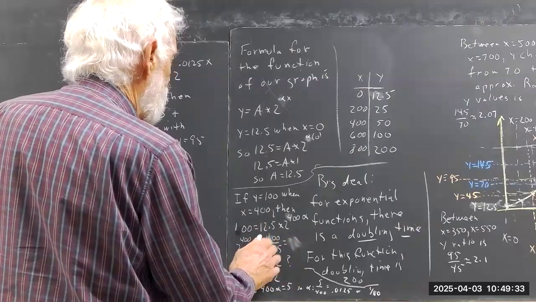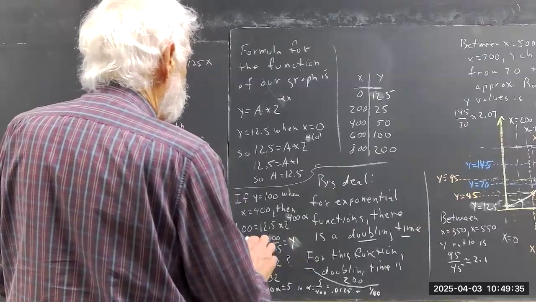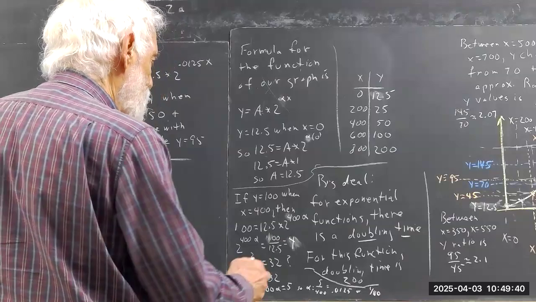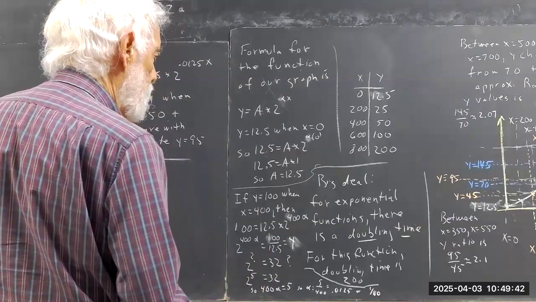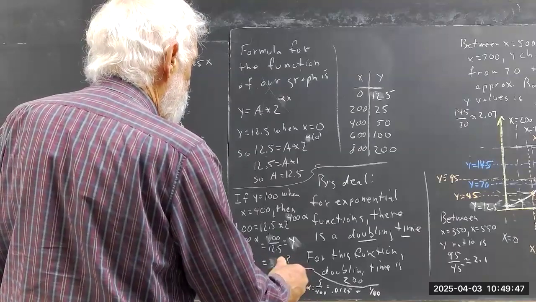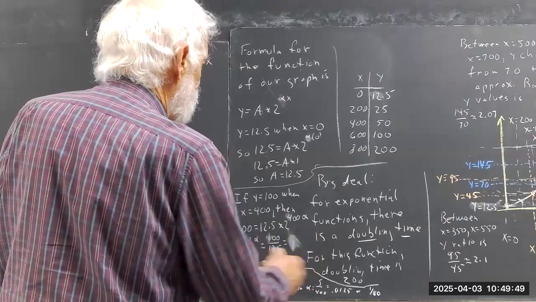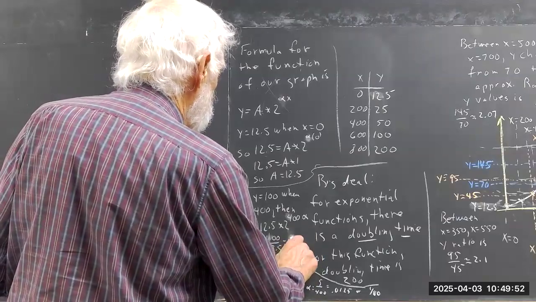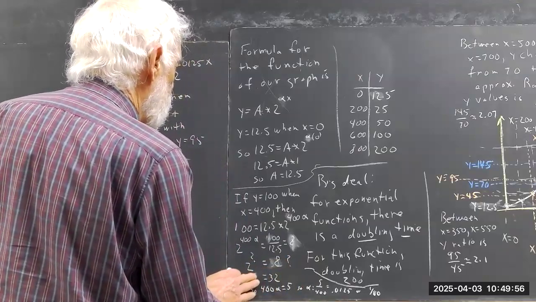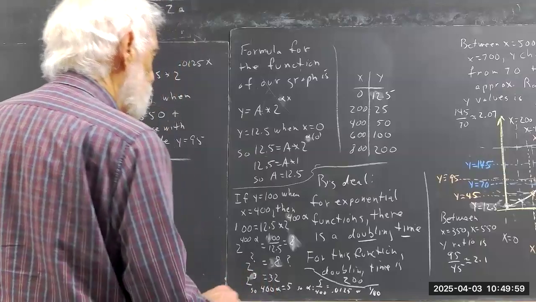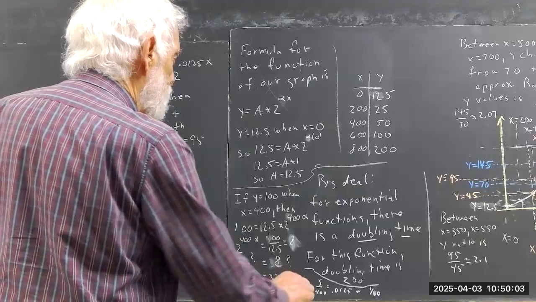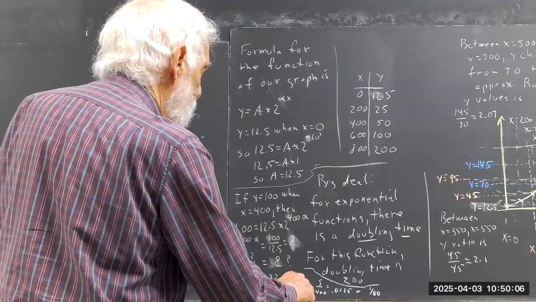And when I divide that by that, I get 8, not 4. I'm sorry, that's 8. 2 to what power equals 8? 2 to the third equals 8. So 400 alpha equals 3.